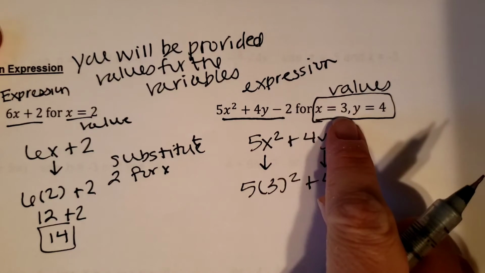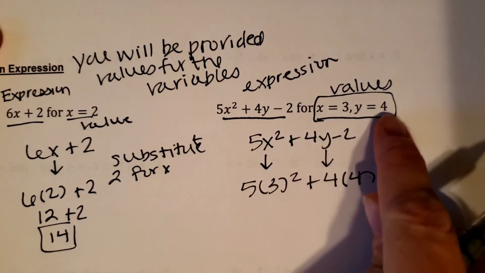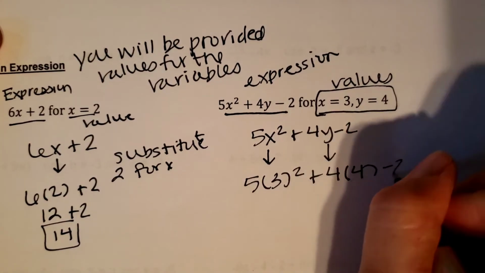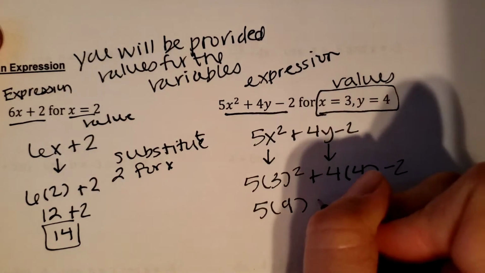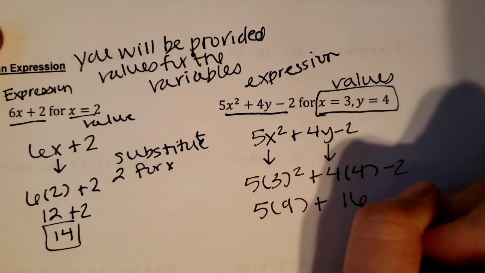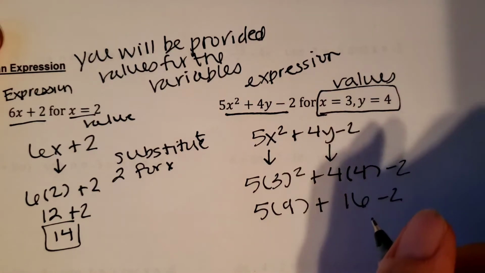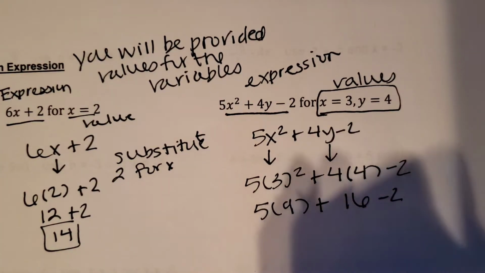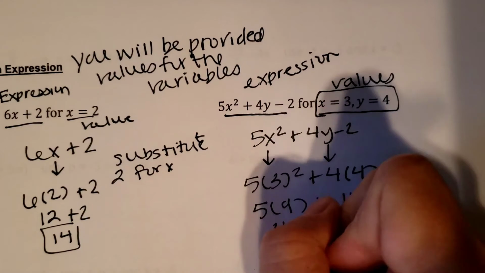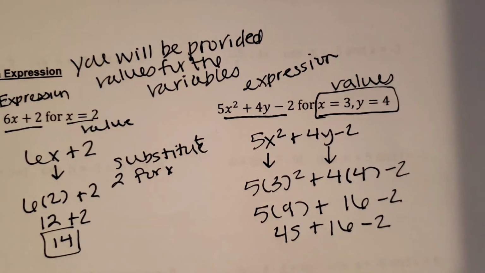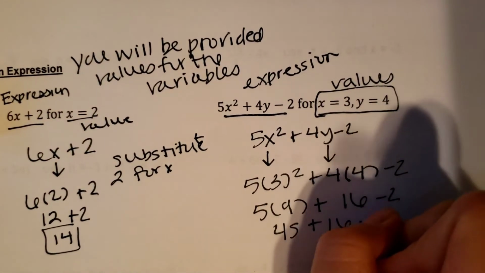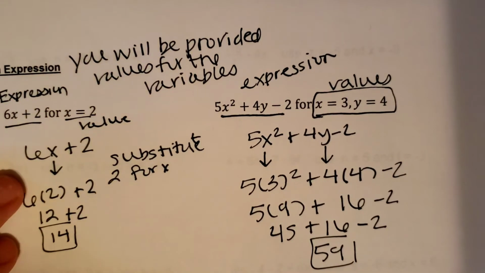I'm getting these guys from the 3 for x and the 4 for y. 3 squared is 9, so you will have 5 times 9 plus 4 times 4 is 16. 5 times 9, or 9 times 5, however you want to think about that, is 45 plus 16 minus 2. So 45 plus 16 should be 61. 61 minus 2 should put us at 59 on that one, okay?